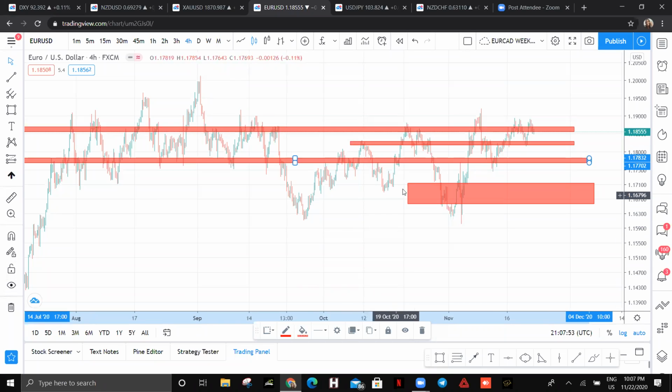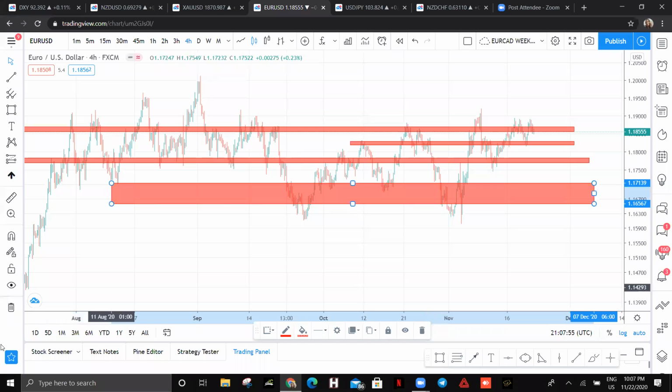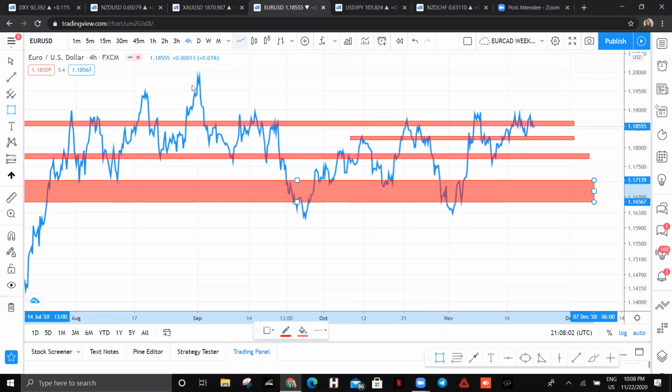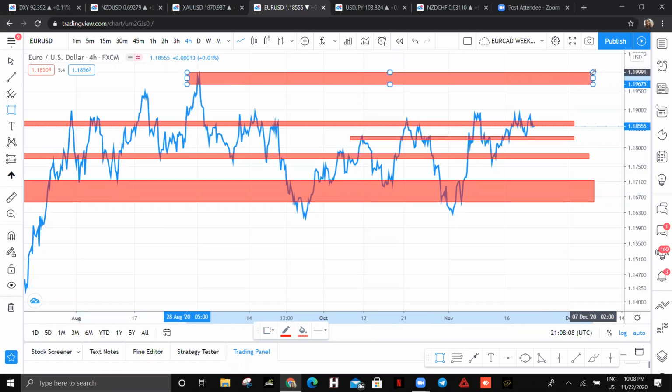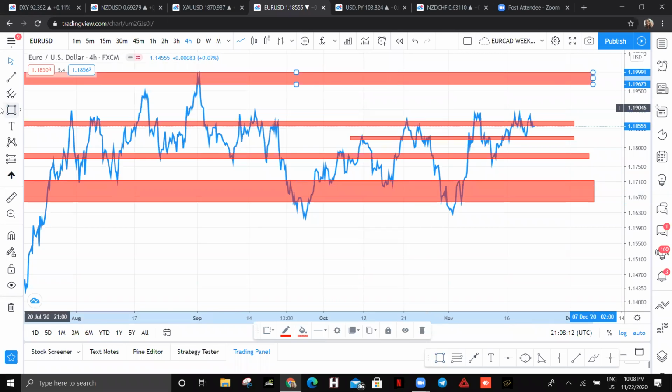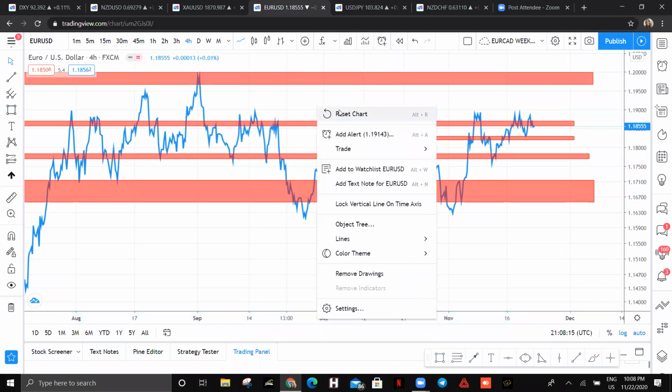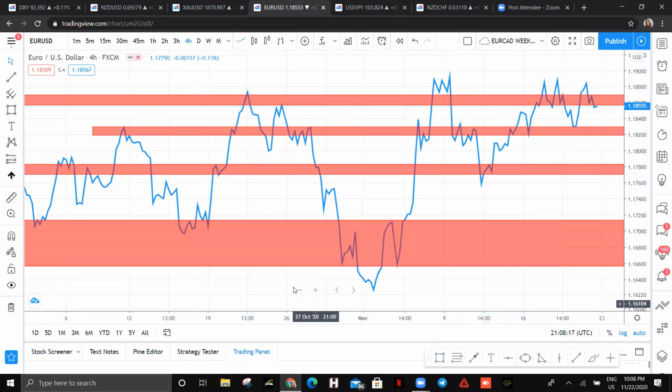Okay, and this. In case it goes out, let me see. This is the next zone here. If price decides to go off and bounce off, the next zone is coming up, is up here. So now let me reset my chart and we'll see how price reacts to it.